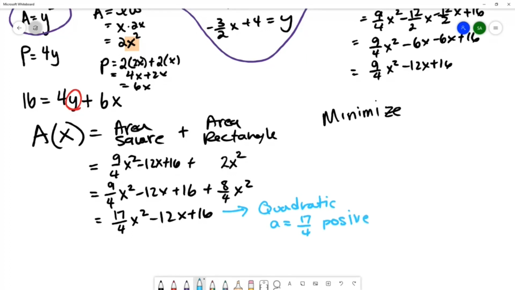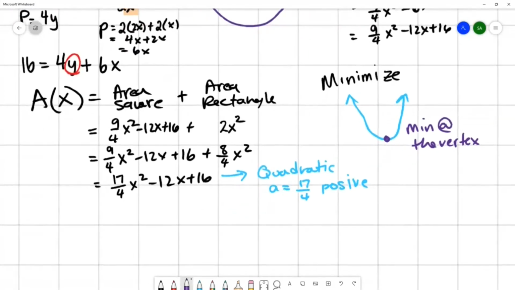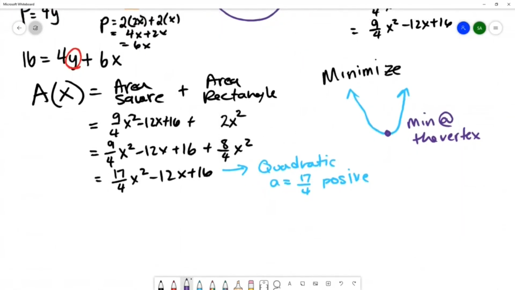And when we have a positive value of a, the graph of our quadratic is an up-facing parabola, and the min will occur at the vertex. So I can find the minimum value and the value at which it occurs by finding the vertex.